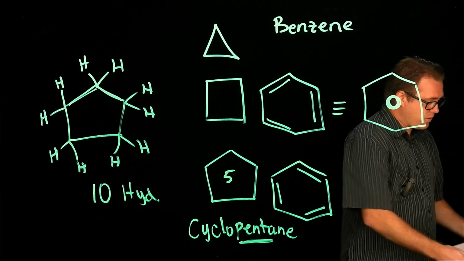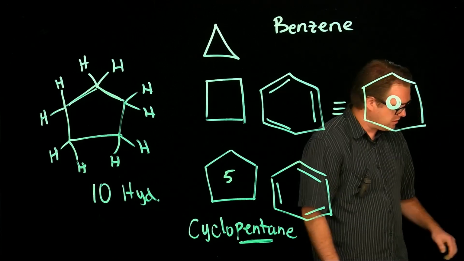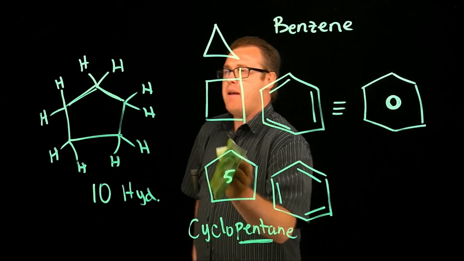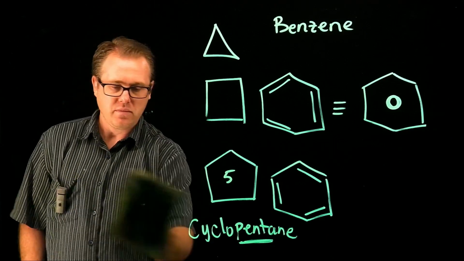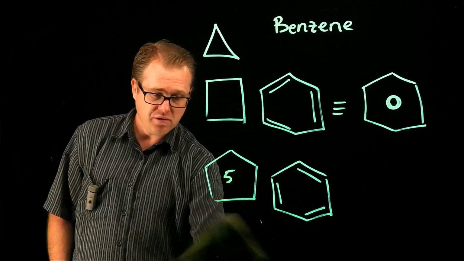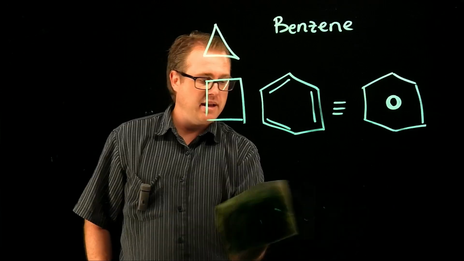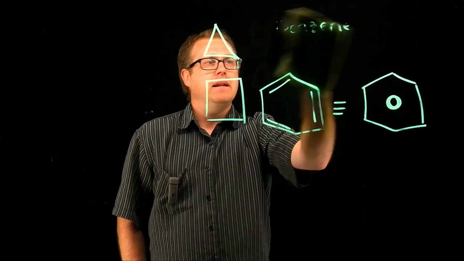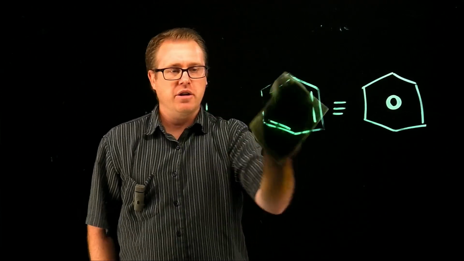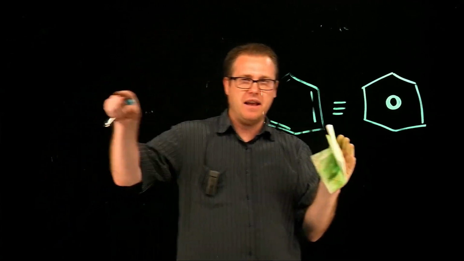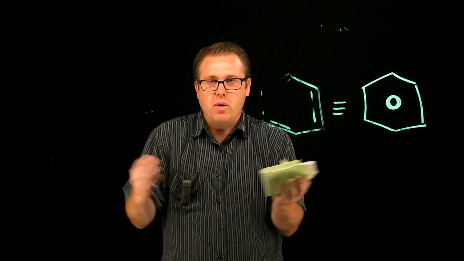So once you guys get really, really good at looking at skeletal structures and being able to count how many hydrogens and how many carbons there are, we are going to use that skill set to be able to look at a molecule and name it. We need to be able to look at a molecule and say, hey, that thing that I just drew, or that thing I'm looking at, what do I call it?